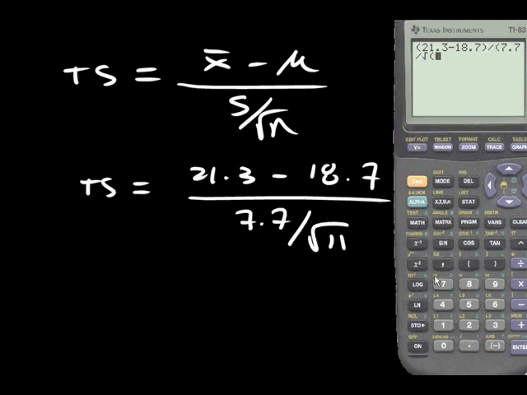Approximating this test statistic value to the nearest hundredths, the 9 says add 1 to the 1 and you get a 2. So it's 1.12 for a test statistic value.